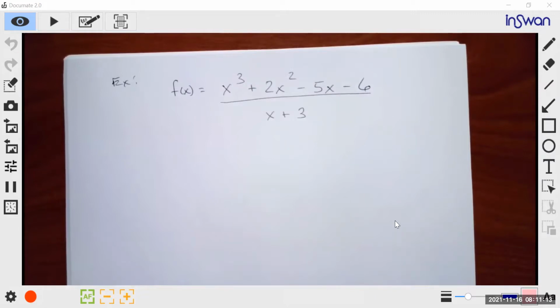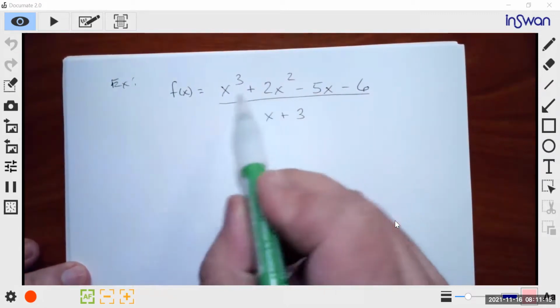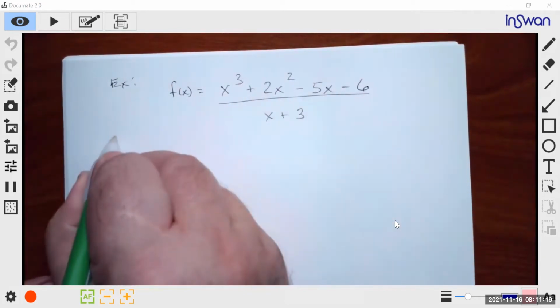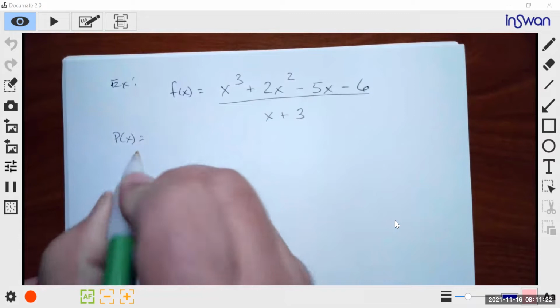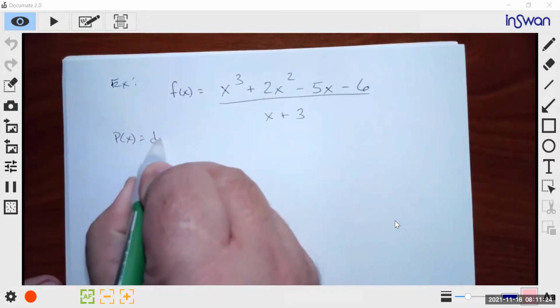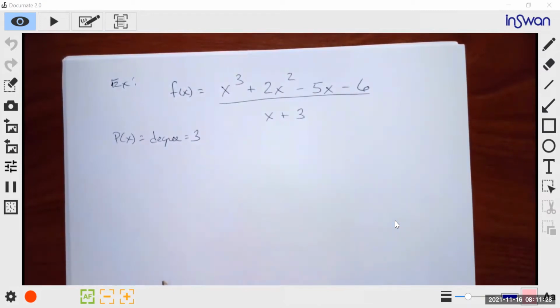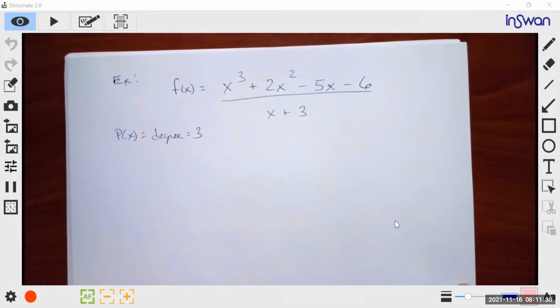So looking at this, remember, the main polynomial is your numerator. What's the degree of your polynomial P of x? Yeah, the degree is 3. What does that mean? What does degree 3 mean? No, that's multiplicities. Good try though.